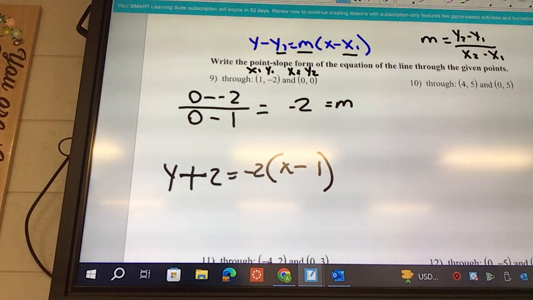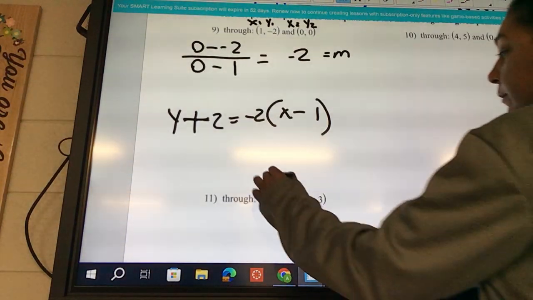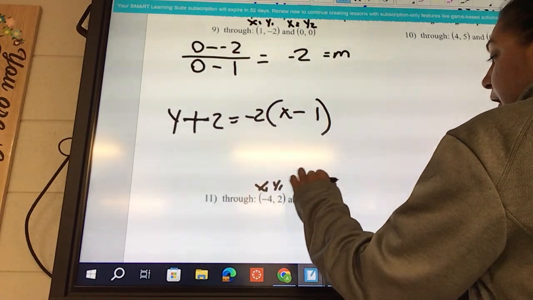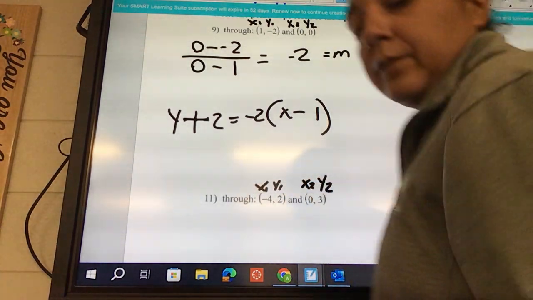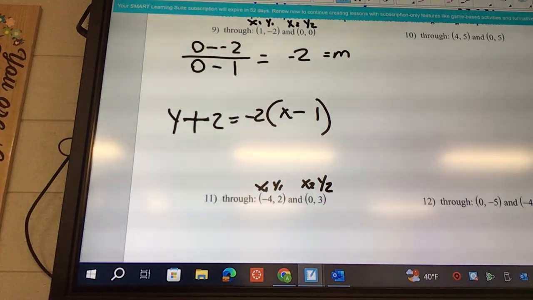Again, if we look at this next one, I can go ahead and label these x1, y1, x2, y2. Put that in that formula.